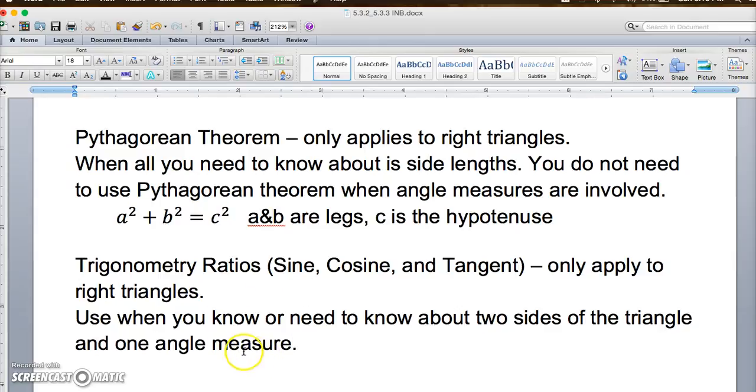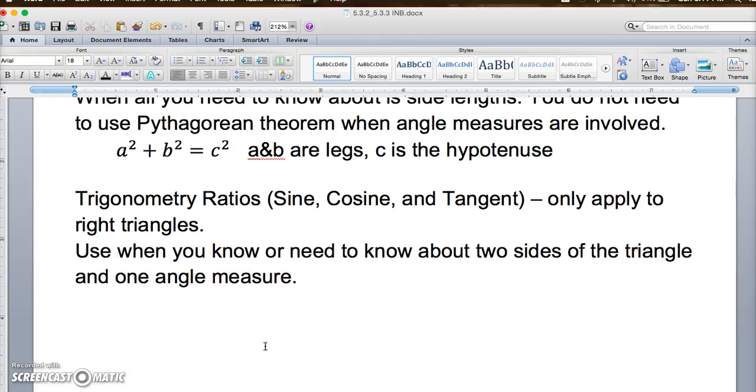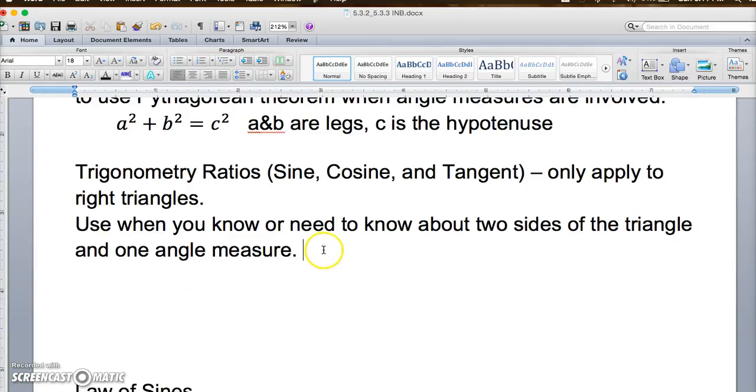So that's the difference. Pythagorean theorem, you don't know anything about angle measure. Trig ratios, you have to know something. You have to either know the angle measure or you have to know both sides and be trying to find the angle measure. But trig ratios always involve angle measure.